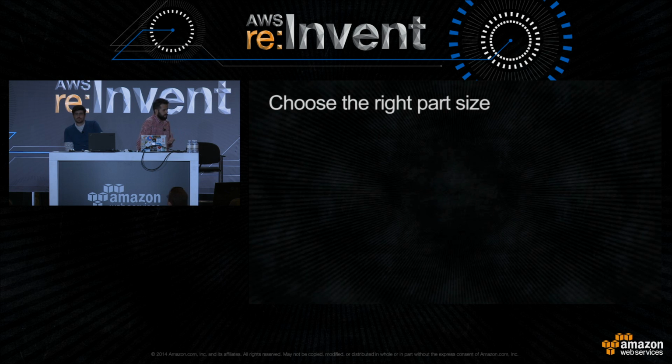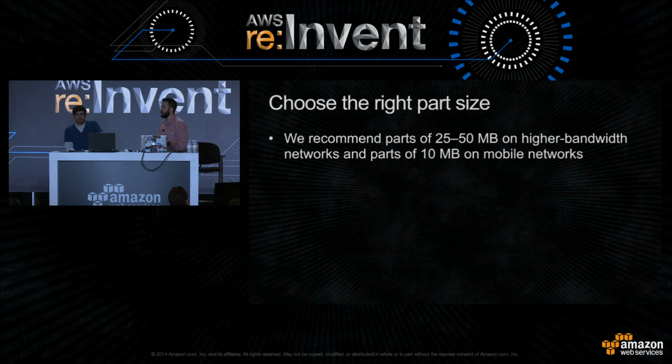But when we talk about multi-part uploads, we need to think about how to choose the part size. We always advise our customers to start with parts of 25 or 50 megabytes when we're talking about higher bandwidth networks. But when you're considering mobile applications, you should start trying with 10 megabytes or so. This is not a rule of thumb, right? But this is a good start.